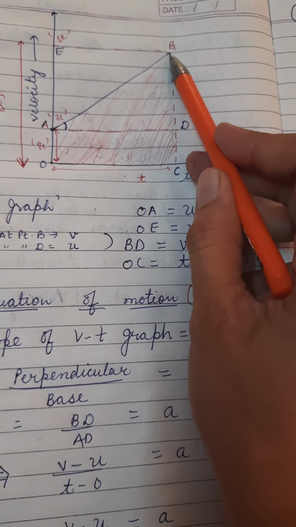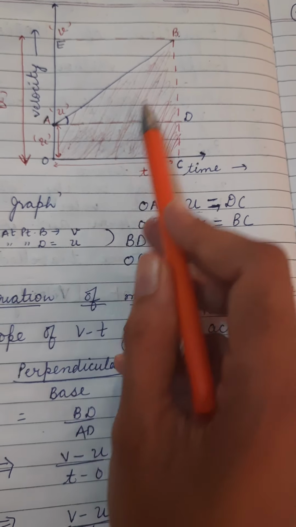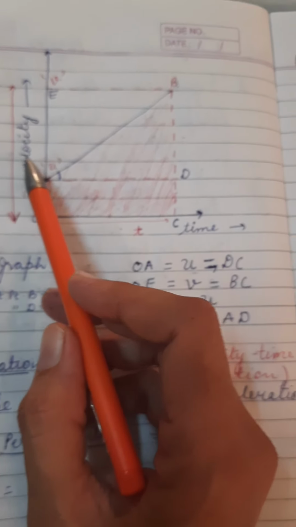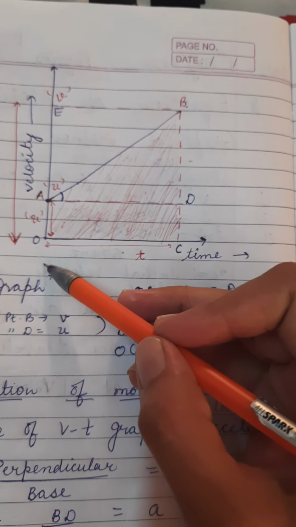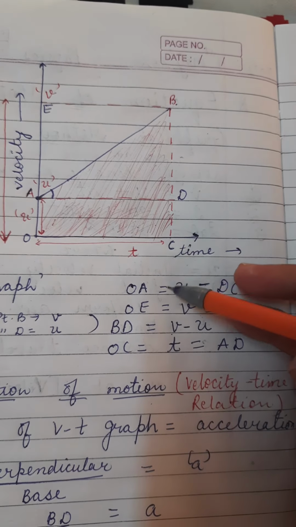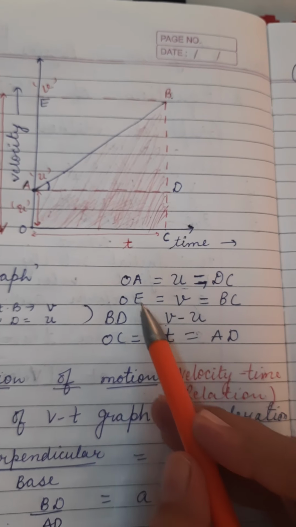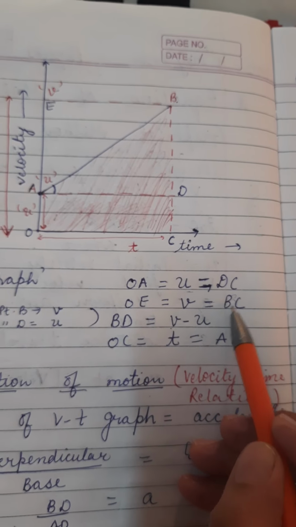And BC: because C has velocity 0 and at point B the velocity is v, so v minus 0 is the value of BC and OE. OE is equal to v is equal to BC.